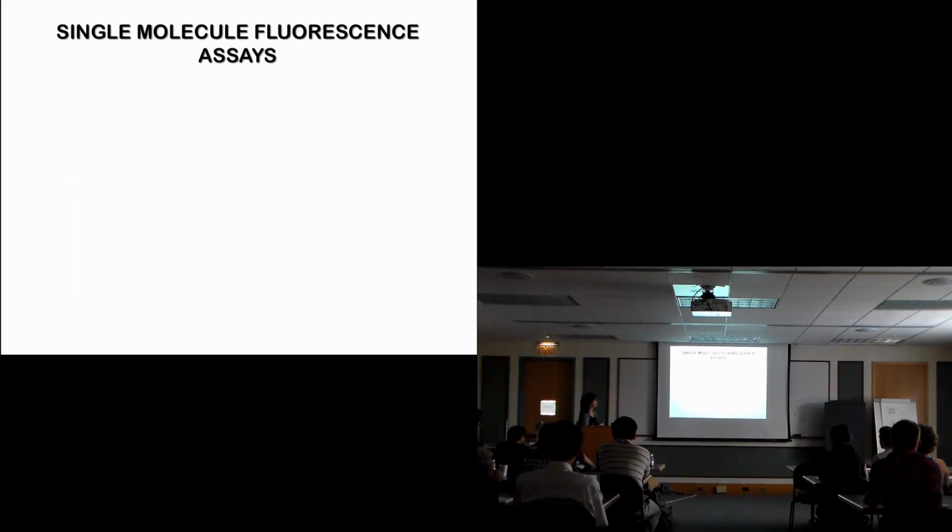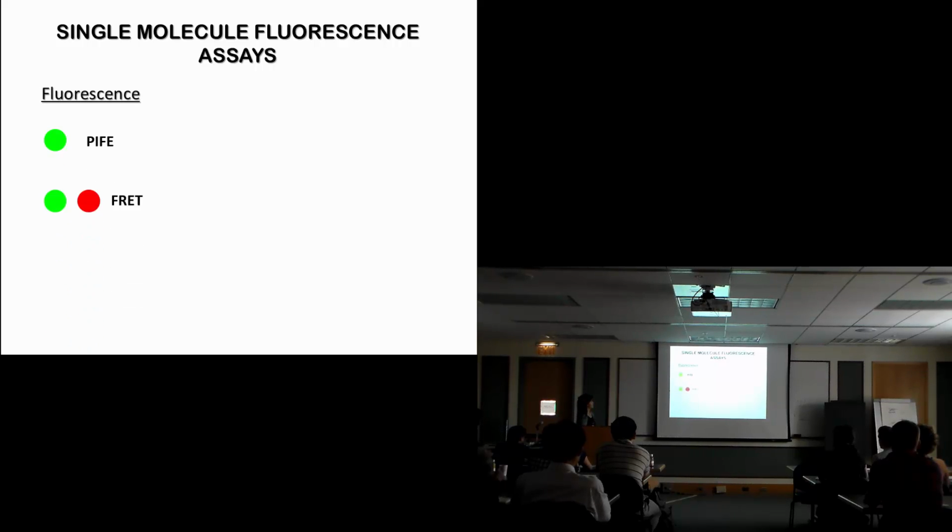Okay, so because they're so small, at a single-digit nanometer scale, we have to visualize them somehow, and we like using fluorescence. So we basically tag different molecules with fluorescence of different colors. Sometimes I'll showcase each of the cases throughout my talk. Sometimes one color of fluorophore is enough to look at molecular interactions.